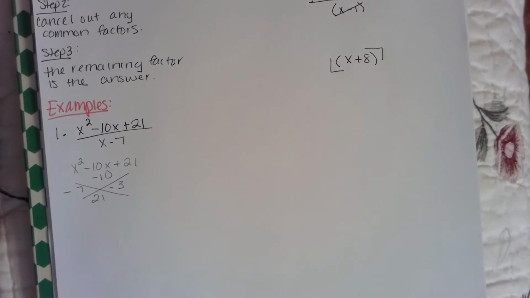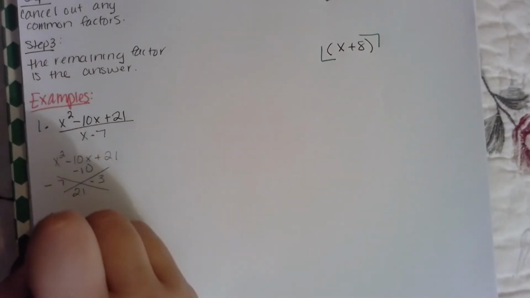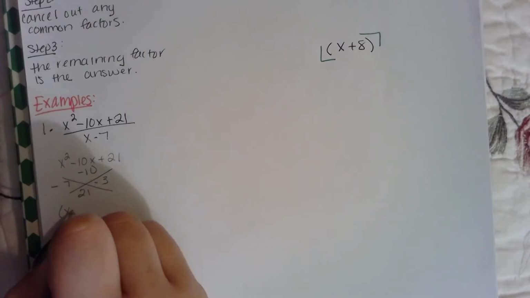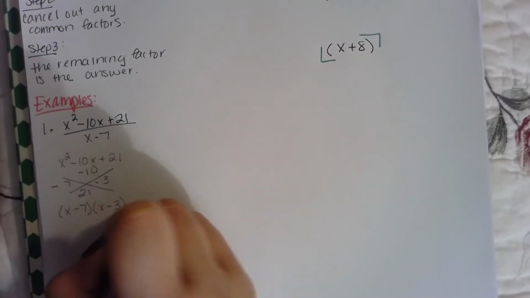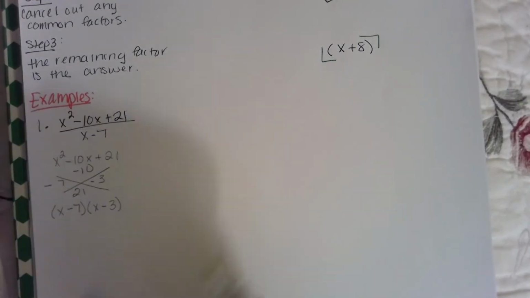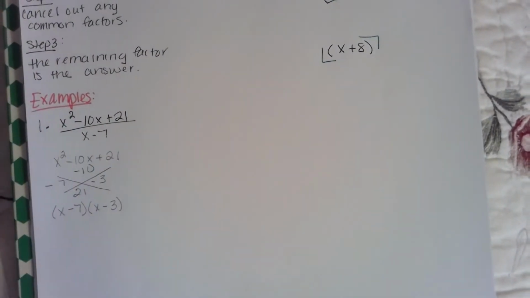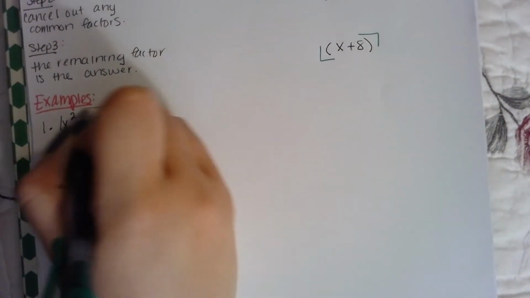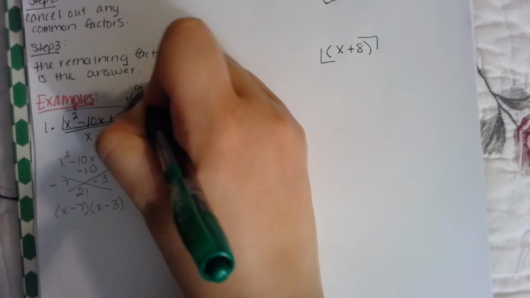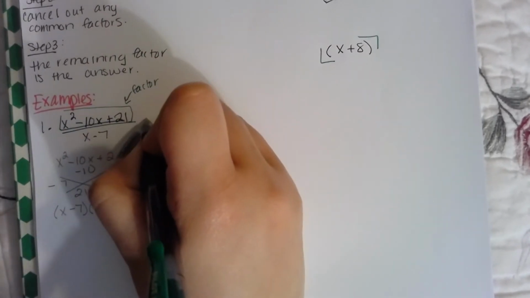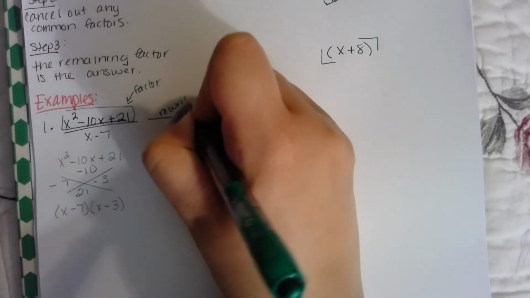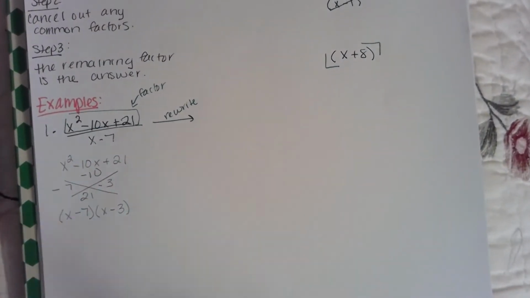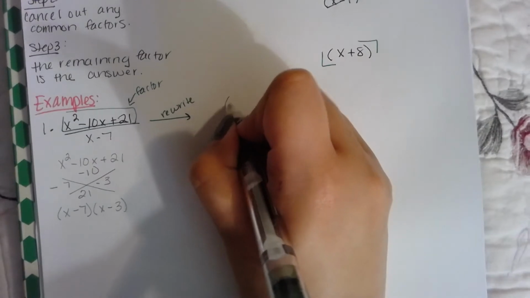Then your factored form of this one is x minus 3 times x minus 7. Hold on, I meant to write out that we were going to factor this. And then once you have this factored, you rewrite your fraction. So we're going to rewrite this as x minus 7 times x minus 3. You could flip those two, it's the same.